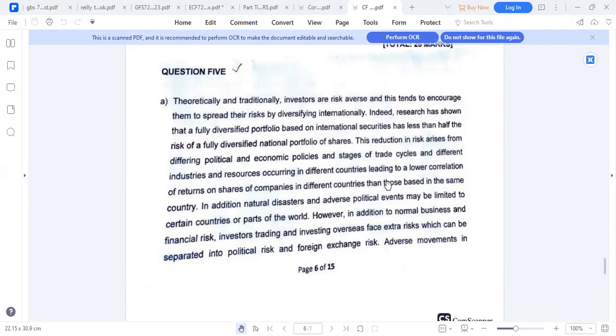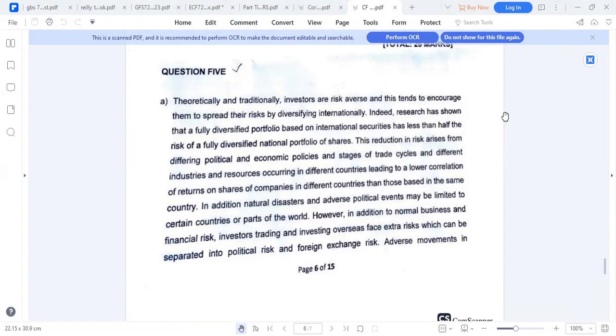This reduction in risk arises from differing political and economic policies and stages of trade cycles, and different industries and resources occurring in different countries, leading to lower correlation of returns between shares of companies in different countries and those based in the same country. In addition, natural disasters and adverse political events may be limited to certain countries or parts of the world.